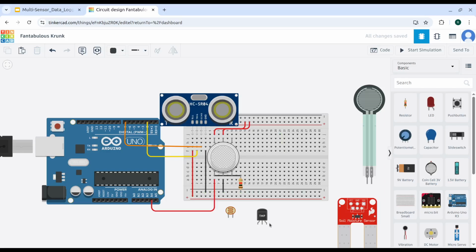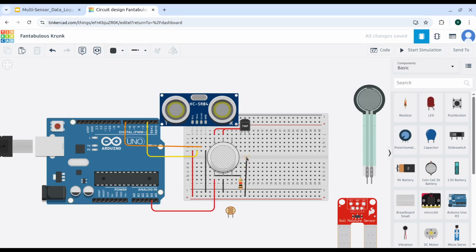Now temperature sensor. So here it is free, right? Yeah. So this is power pin. So I am connecting this to... delete it. We'll connect this.